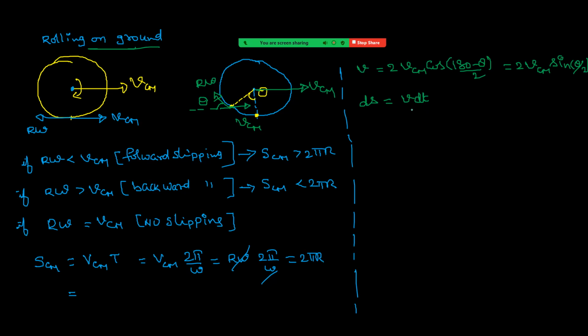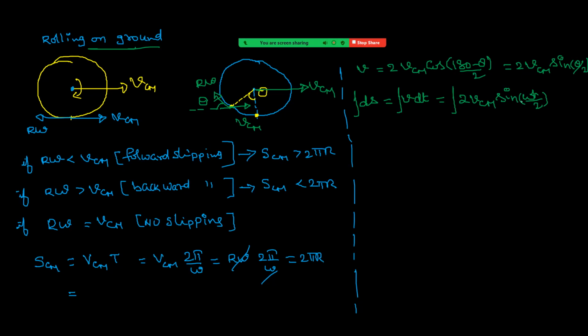Now we have to integrate. Then see what we get. 2 VCM sine theta by 2, or in the place of theta I can write omega t by 2. So you have to keep in mind we are taking VCM as a constant. Only then is omega constant.